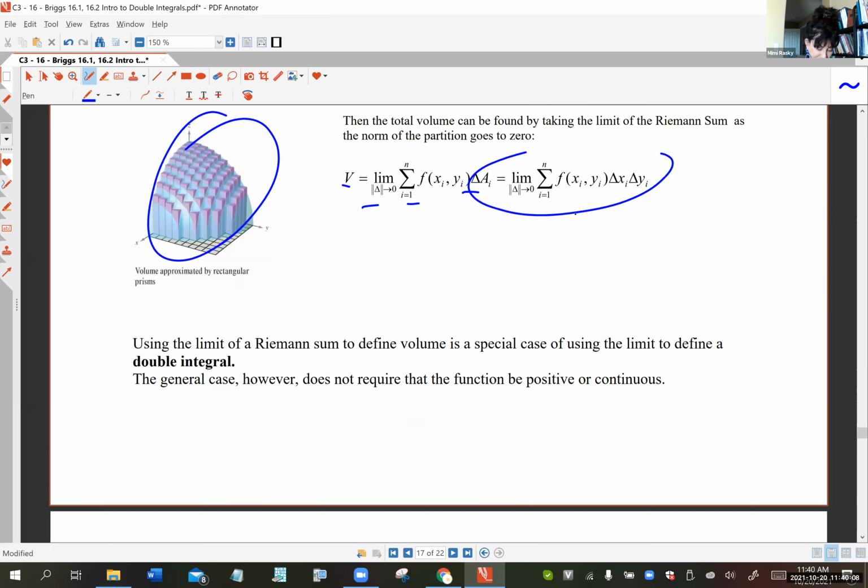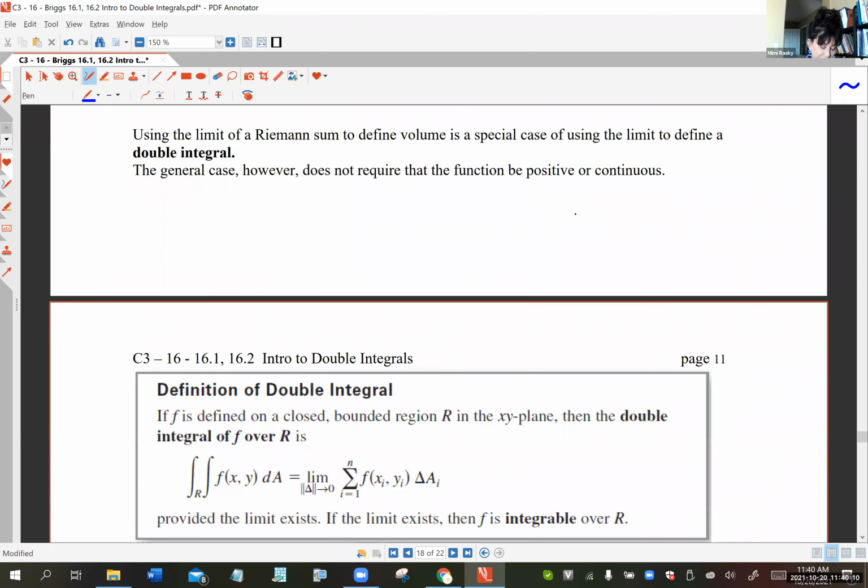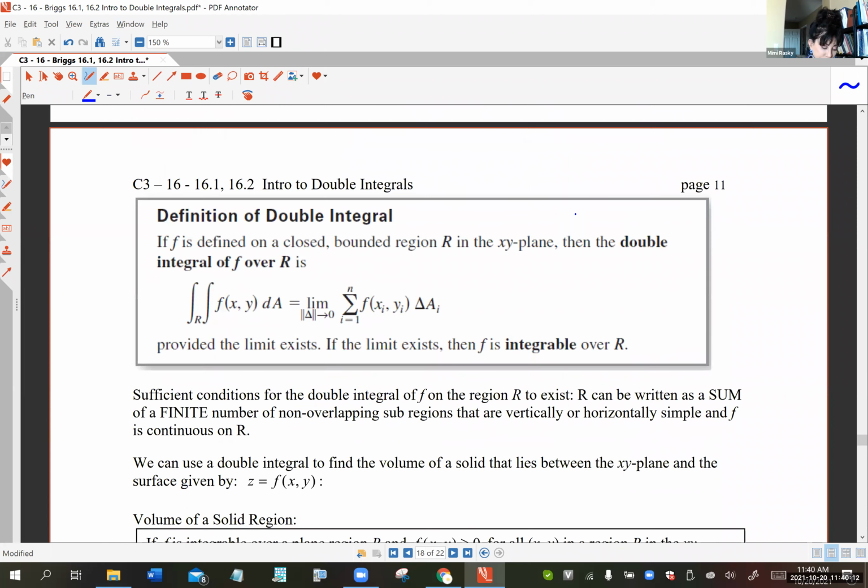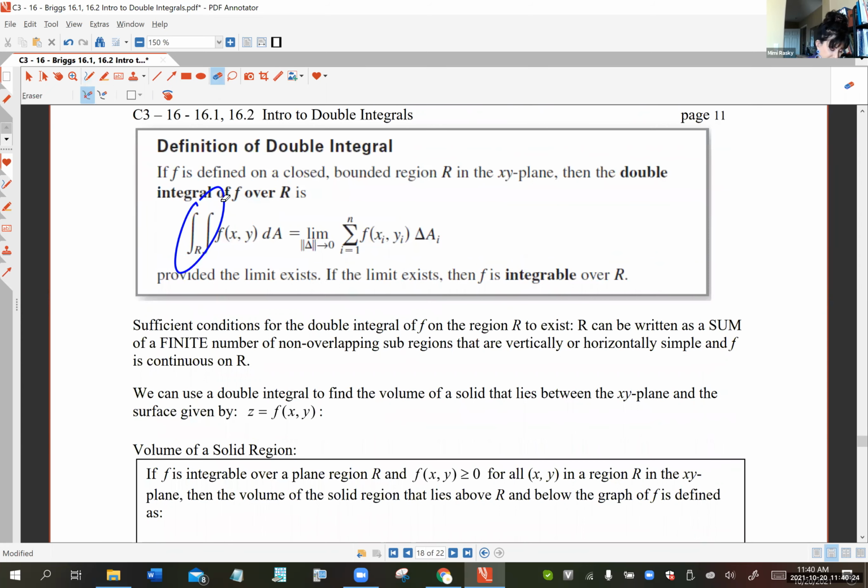And what does that limit end up going to? Well, the sigma ends up turning into 2 integral symbols. Well, how come 2? That seems ridiculous. Shouldn't it go into 1 like we did in Calc 1? No, it's going to go to 2, and you'll see in a moment. Okay, so this is the official definition of a double integral. It's defined by a limit of a Riemann sum.